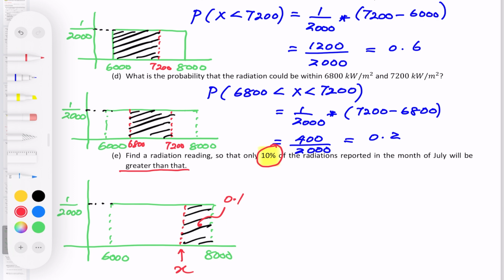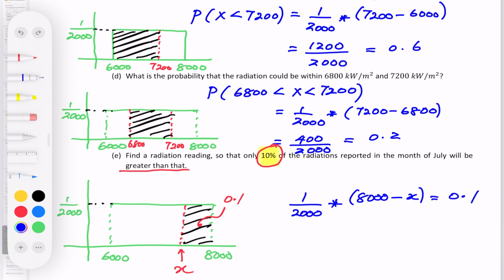All right, now we can easily write down an equation for the area of this rectangle right here. So how do you write an equation for that? One side times the other side. Of course, the height is equal to 1 over 2,000. The other side should be 8,000 minus x. That area should be equal to 0.1.